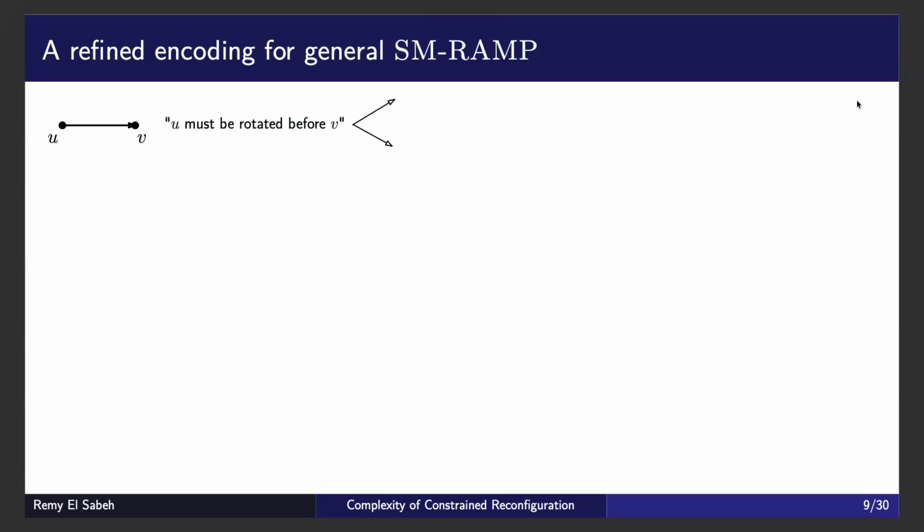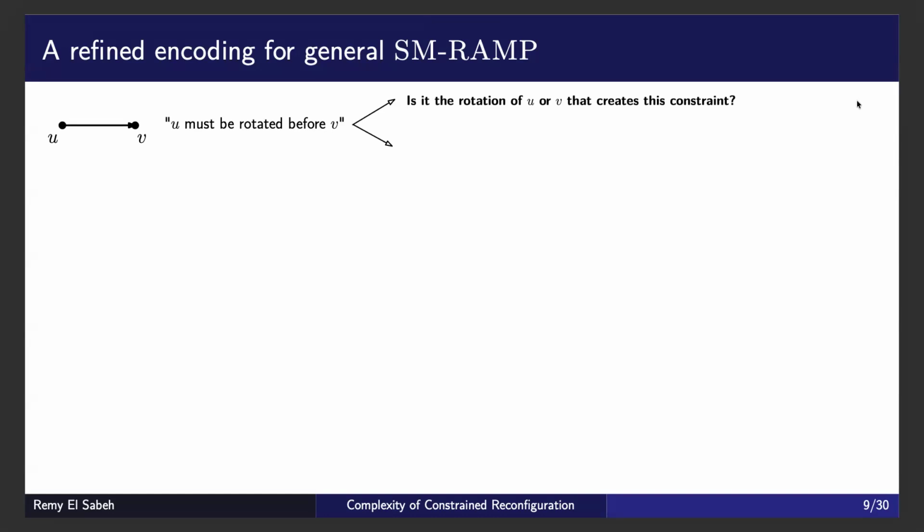So we're still using this arc to mean the same thing. U must be rotated before V, except this arc could arise because of different reasons. So the first distinction that needs to be made is the choice of what arc or what arm to rotate is it that's causing this constraint to arise.